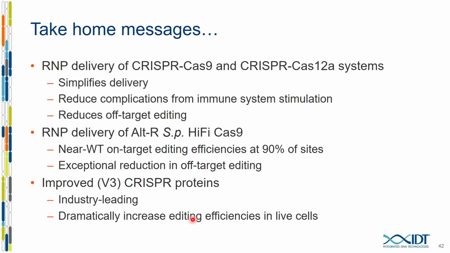Next from Stephen. How does HiFi Cas9 compare to the other high-fidelity Cas9 variants with on and off target activities when delivered as RNPs? Okay, so yeah, we've actually looked at a lot of these. We looked at HiFi, we've looked at the newer Evo Cas9, and we've also looked at X-Cas9.